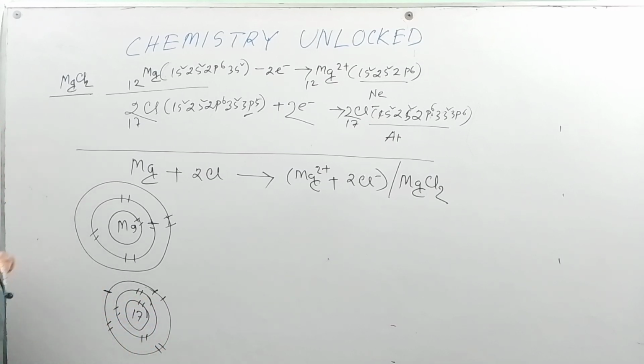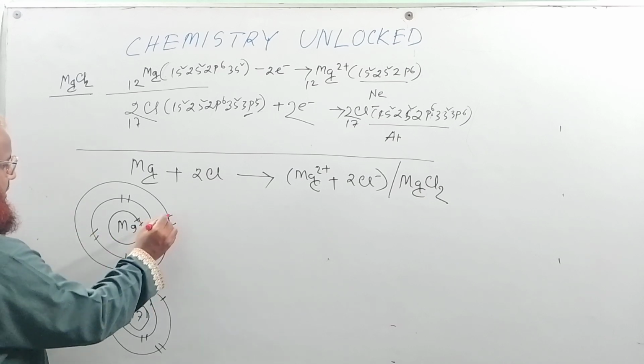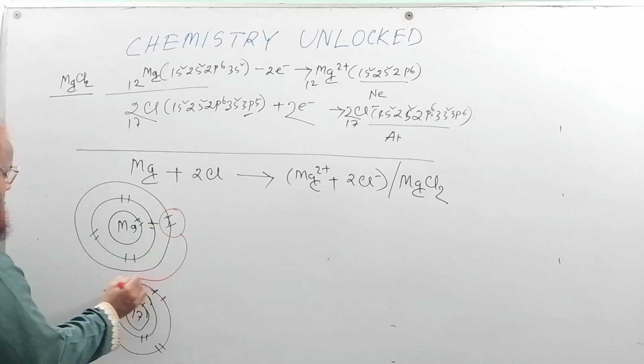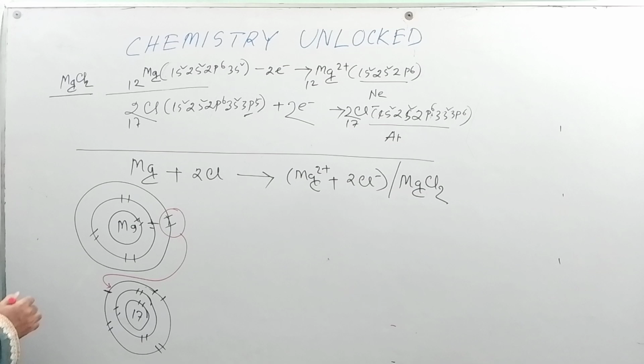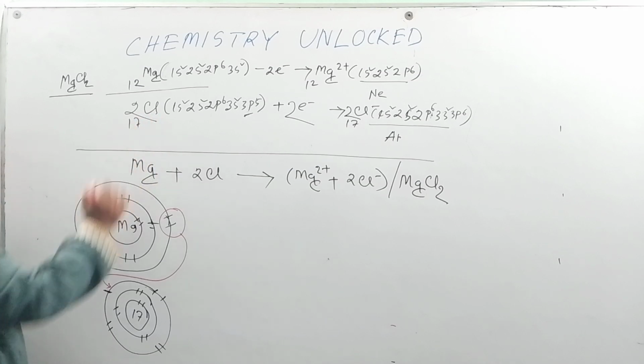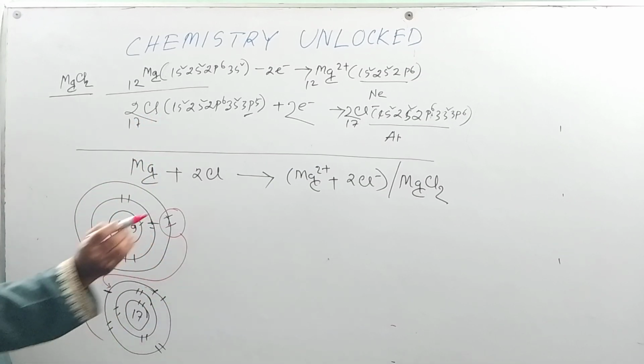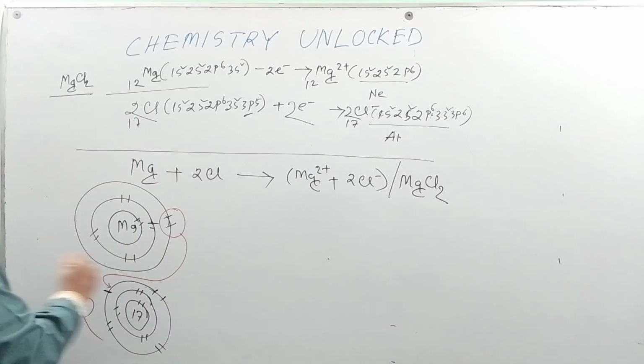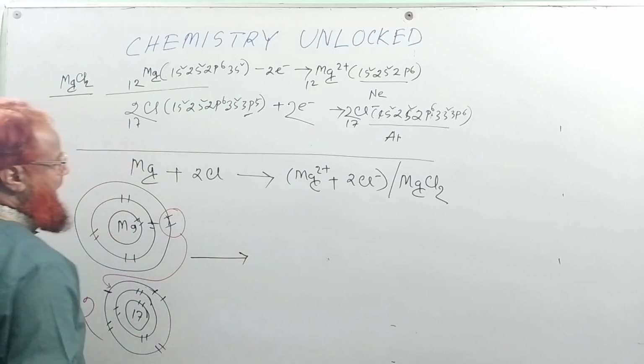So now these 2 electrons from magnesium will be shifted to the chlorine atoms. Now try to understand. Here magnesium is 1, chlorine number is 2, so we have to provide here 2. Now after electron donation, what will happen?